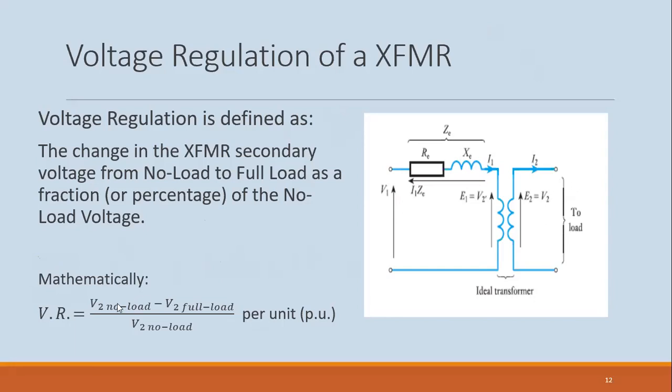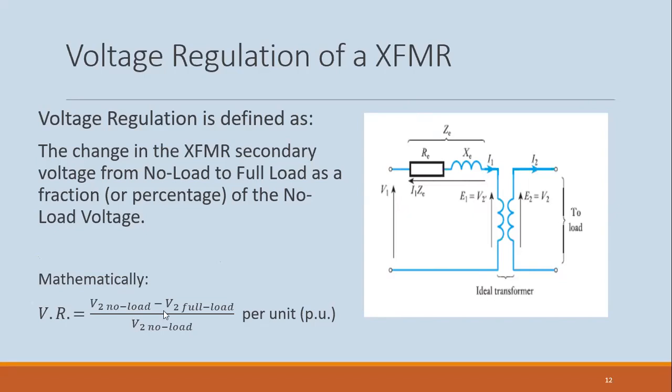And so it should be delivering 400 volts at full load, right? So imagine now that it is carrying full load. If there's a switch here and you open that switch and remove the load, you will find that the voltage at the secondary terminals will actually increase. All right, so we want to see that change.